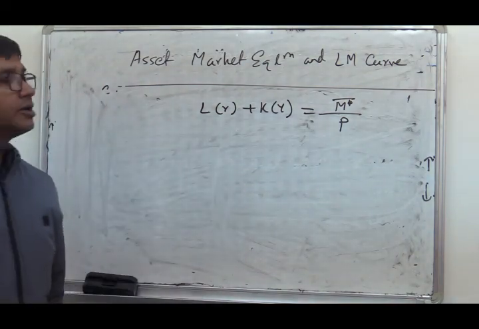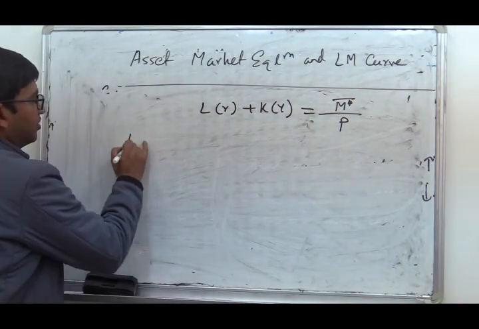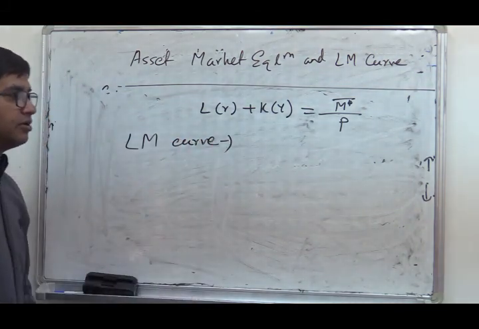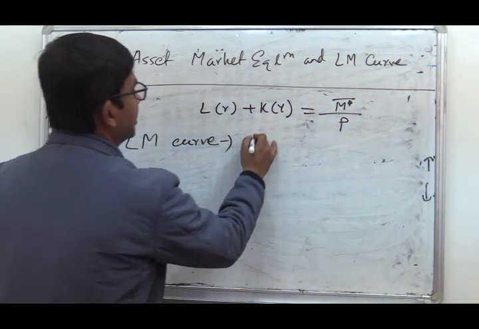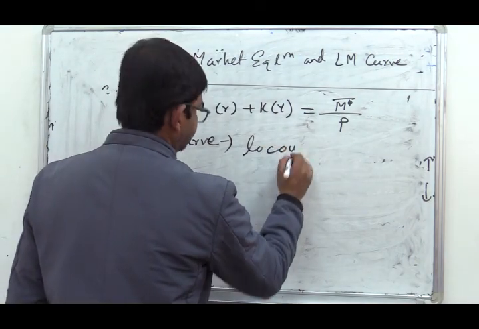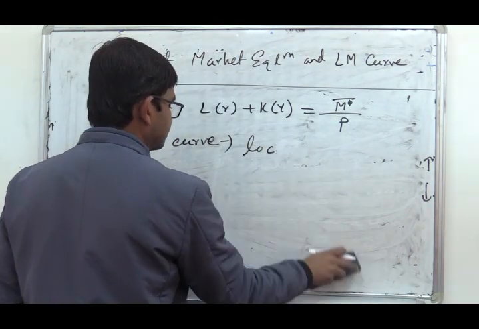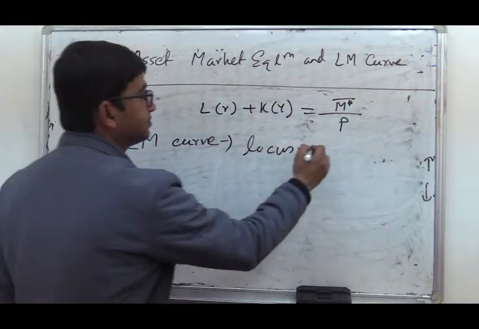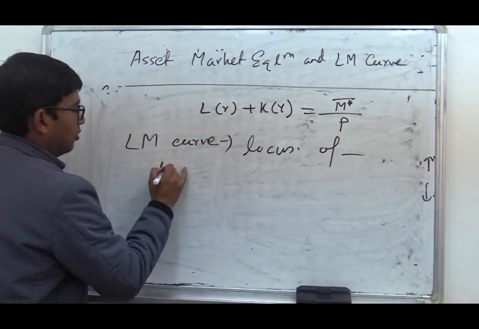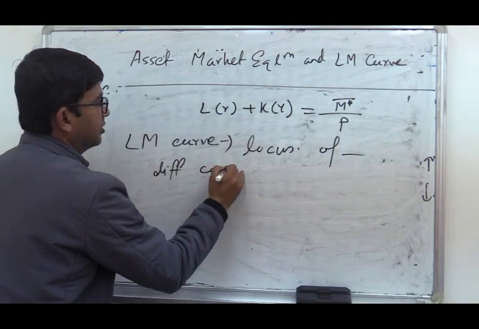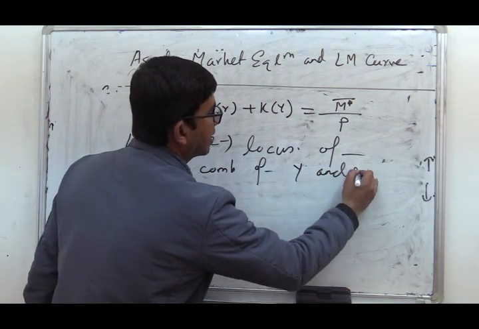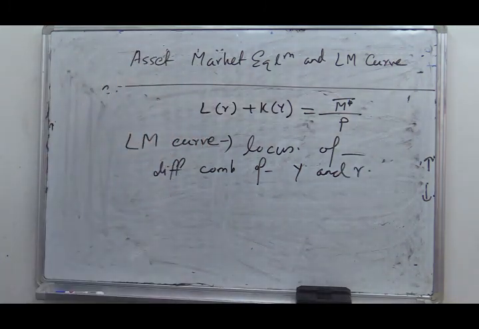And from here we get the famous LM curve. What is the LM curve? The LM curve is the locus. Locus of what? Locus of different combinations of Y and R, aggregate demand and rate of interest.